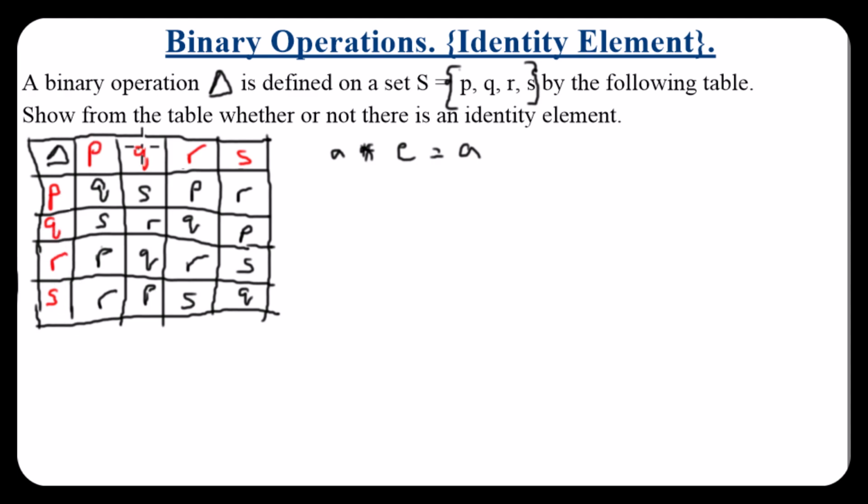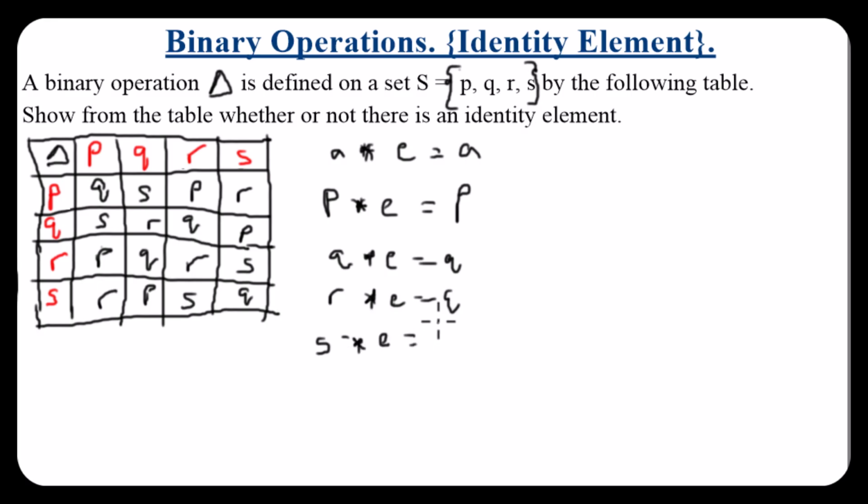So you can see that we have P, Q, R, and S. So definitely what we're looking at is what we can combine to P. So either we say P star E will give us P, or Q star E gives us Q, or R star E gives us R, or S star E gives us S. Sorry about this, I wrote Q multiple times, so R star E should be equal to R, and finally S star E should be equal to S.